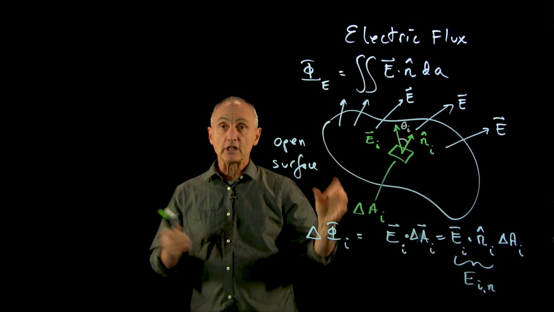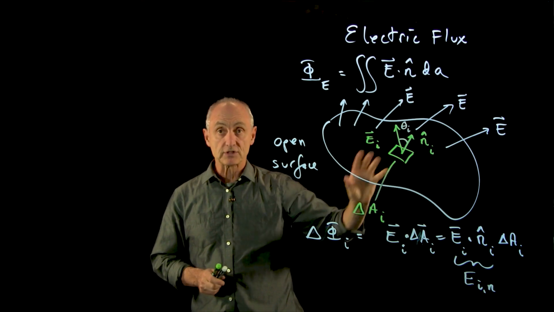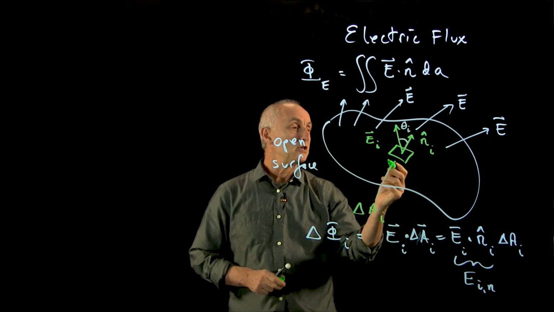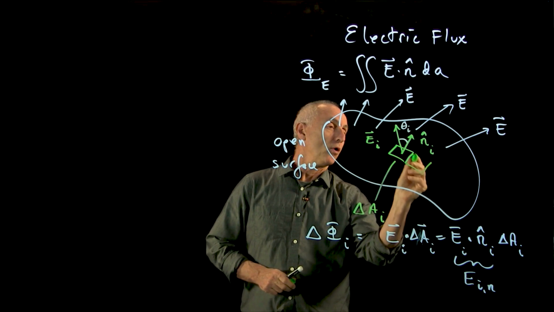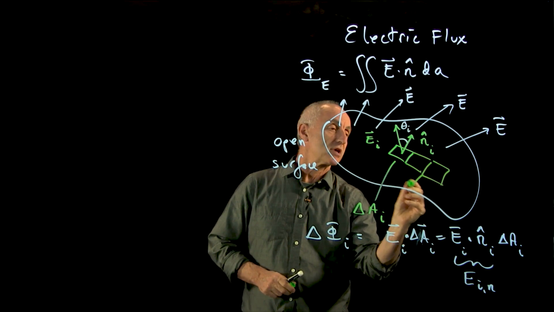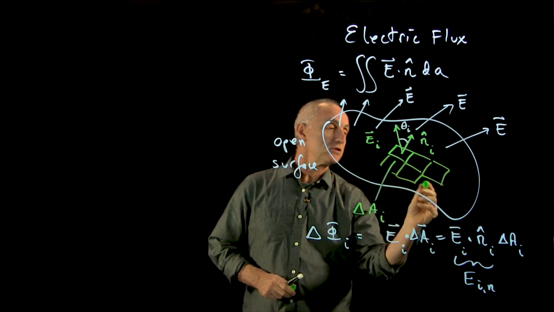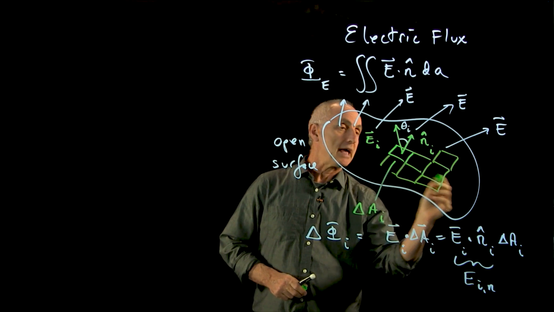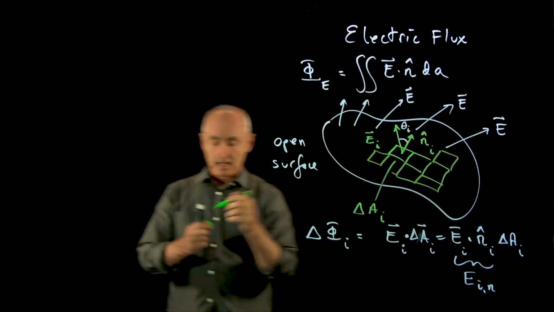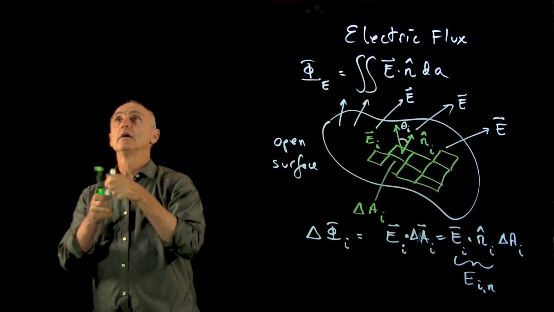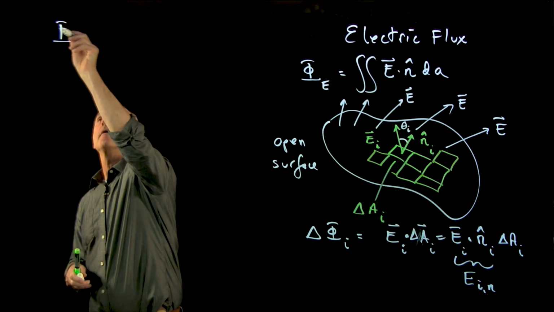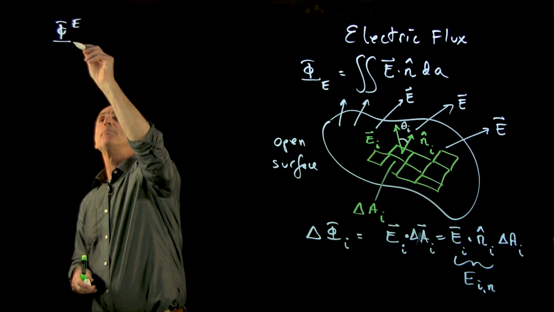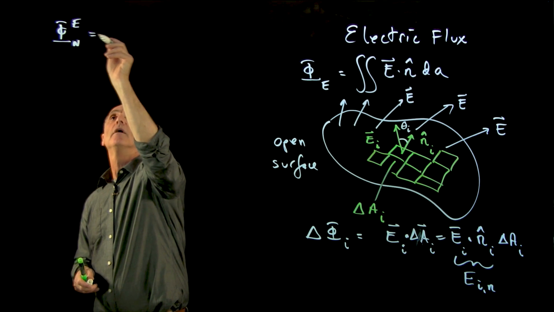Now, if we want to calculate the electric flux through the entire surface, what we would like to do is just add up a bunch of patches. So we divide our surface into n patches, and we define the electric flux on this surface, with an index n here.